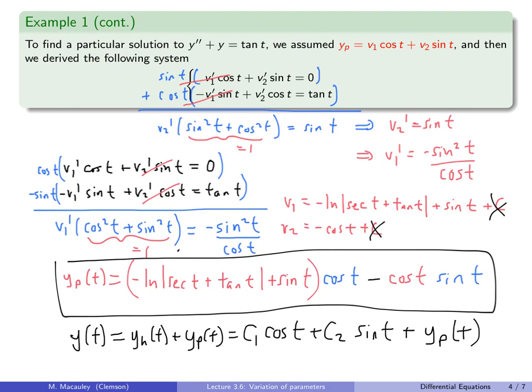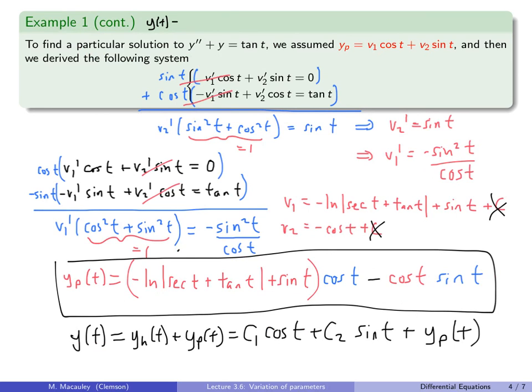I'm not going to copy this whole thing, but if you wanted to, you could factor out a cosine, and you could say that the general solution was cosine of t times this thing plus c1, plus sine of t times c2 minus cosine of t. Actually, let's do that, so you can see a different form.